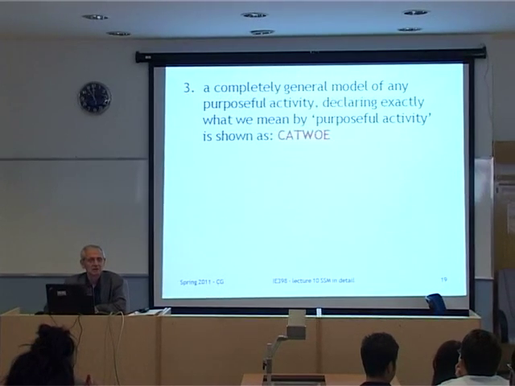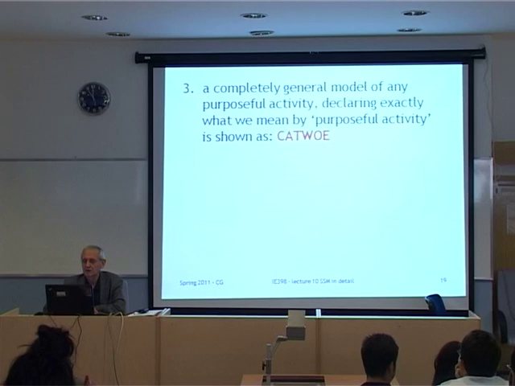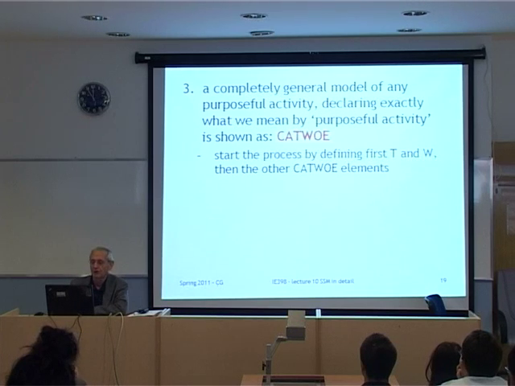CATWO is an acronym put together for SSM. What is it? It's a completely general model of any purposeful activity, declaring exactly what we mean by purposeful activity, and it is shown as CATWO.